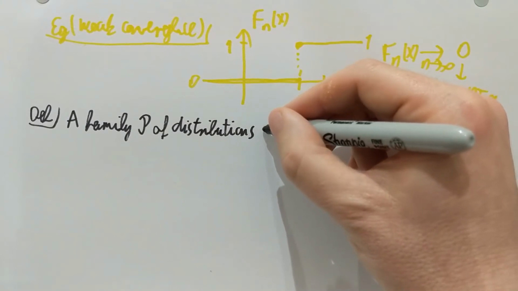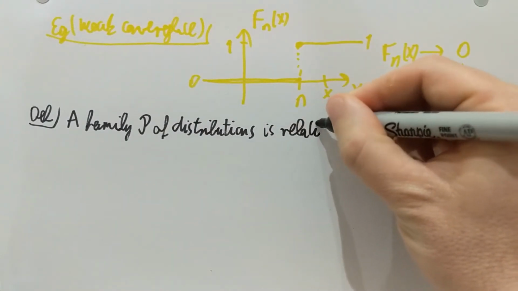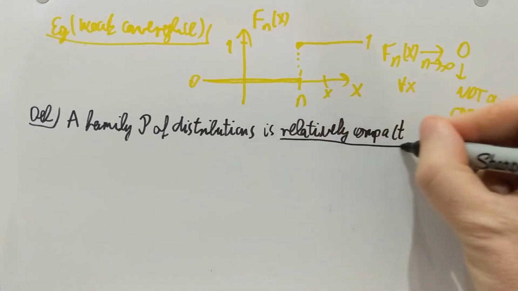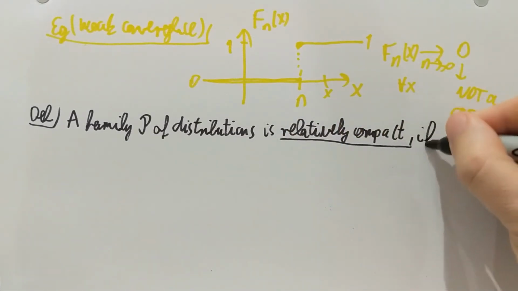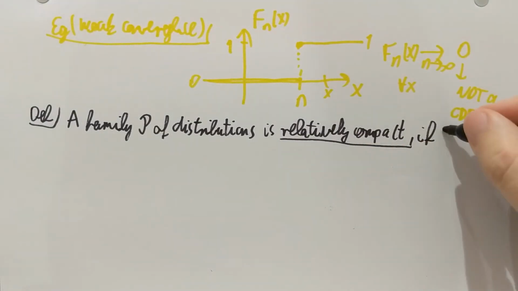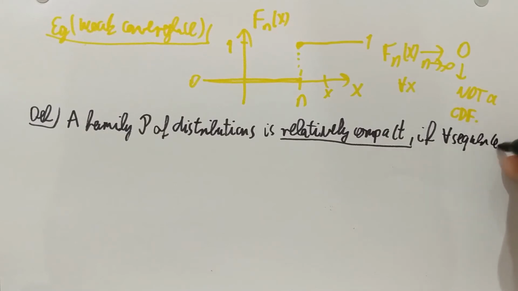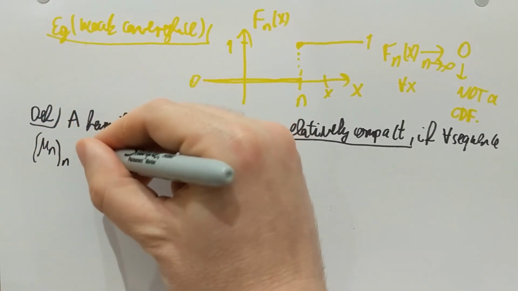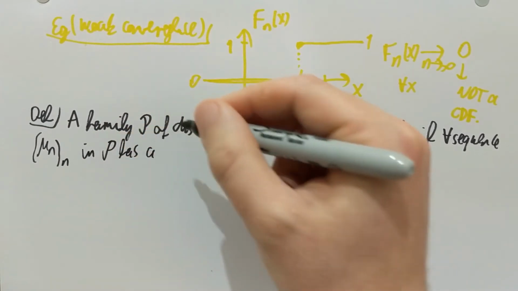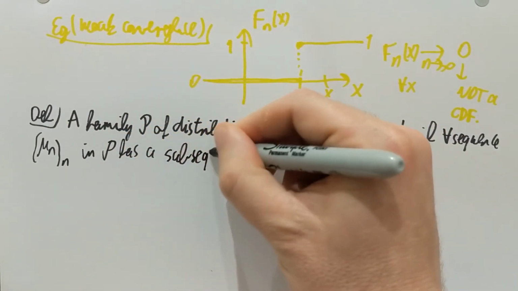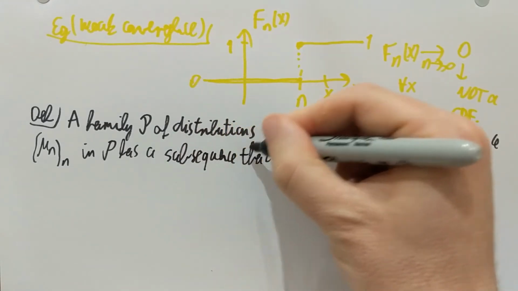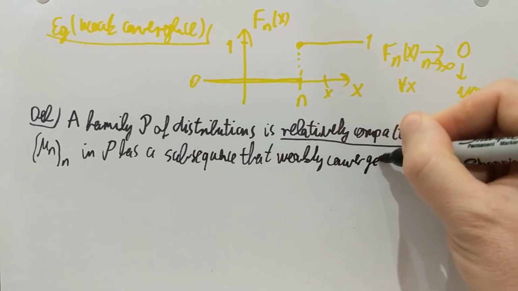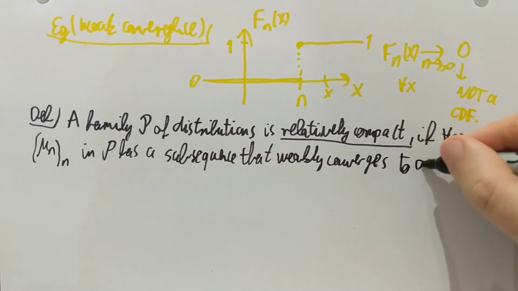A family P of distributions is relatively compact if the following is true: every sequence mu_n in P has a subsequence that weakly converges to a probability distribution, to a distribution.